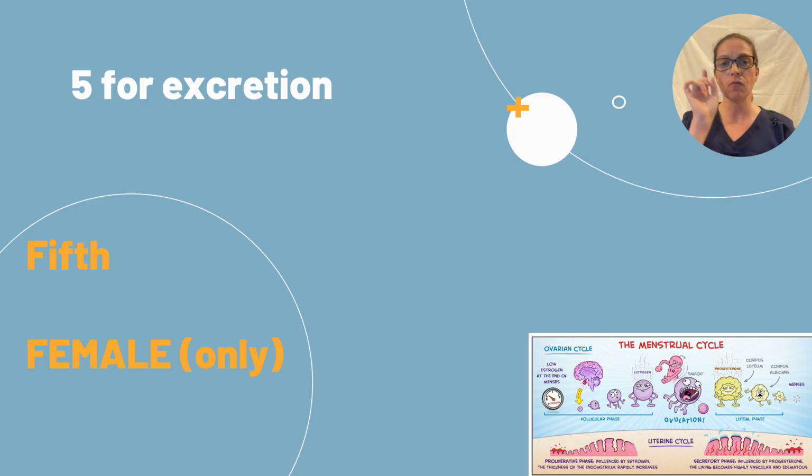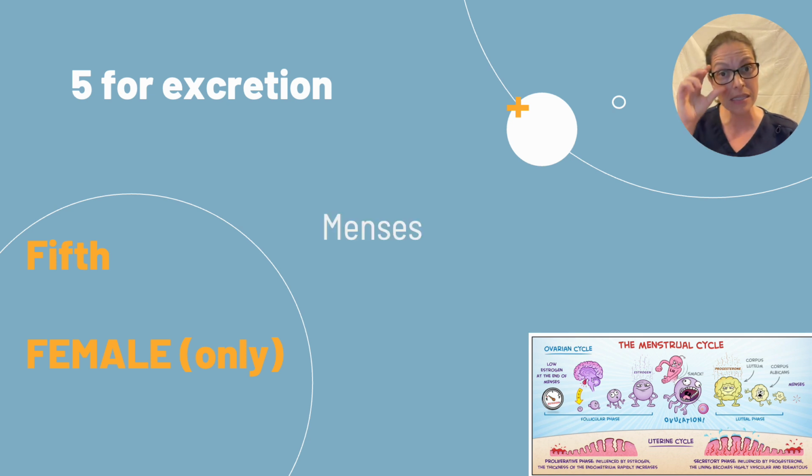Okay, so remember the definition of excretion. This is a waste product that without it being removed will cause harm to the body. So in the male reproductive system, yes, it can release a product, aka sperm, but it is not going to cause the body any harm if it stays in the body. It is not a waste product that has to be removed.